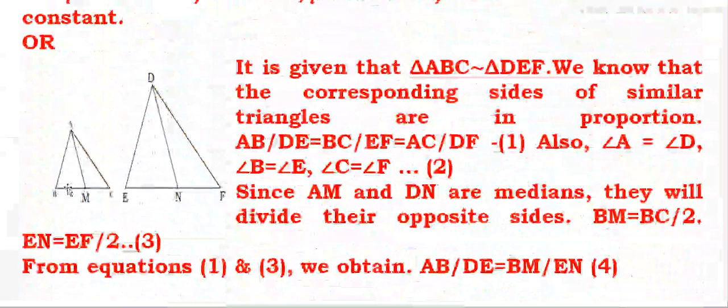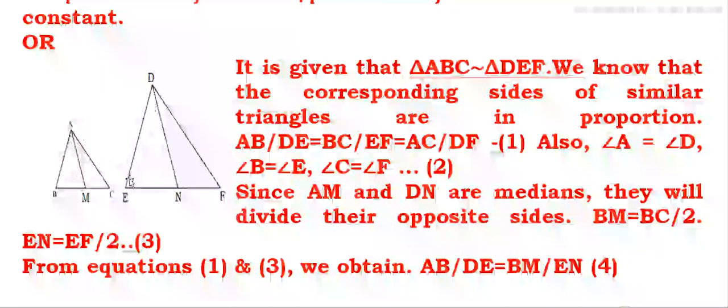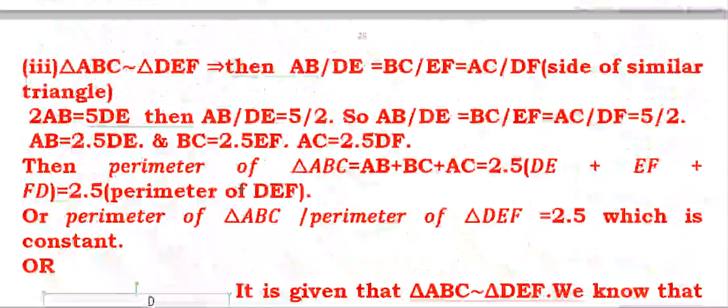In this, angle B is equal to angle E and AB by DE is equal to BC by EF, sides of similar triangles. When the sides are in the same ratio, then half of the side will be in the same ratio. It means BC upon EF is equal to BM by EN, and therefore in triangles ABM and DEN, DE by AB is equal to EN by BM and angle B is equal to angle E by SAS. The triangles will be similar, therefore the ratio of the medians will also be the same.